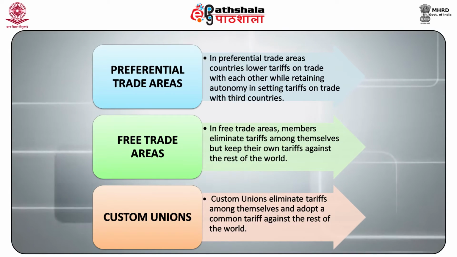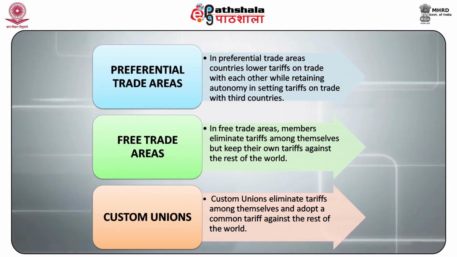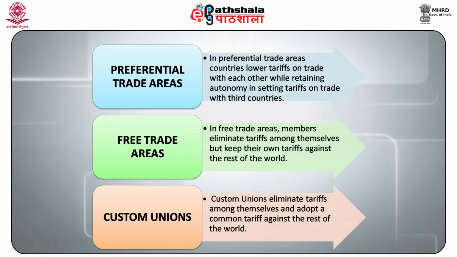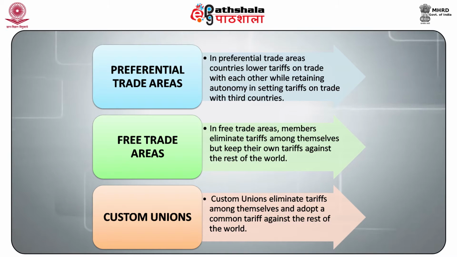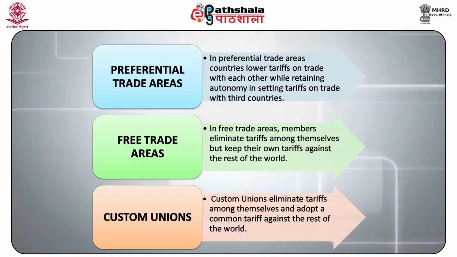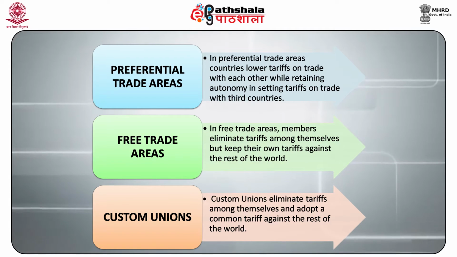The preferential trade area is the area in which countries lower their tariffs on trade with each other while retaining the autonomy in settling the tariffs on trade with third party countries. That is, if there could be an agreement between USA and Canada, as was the case before NAFTA.